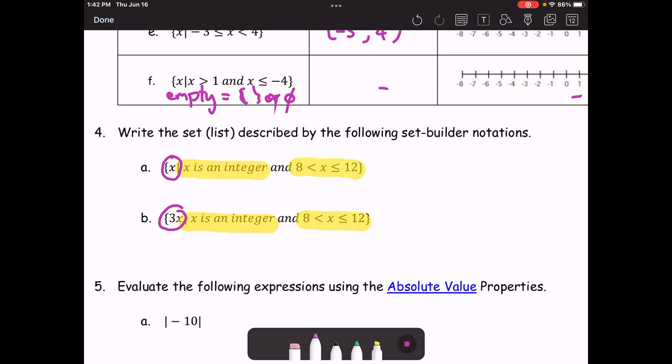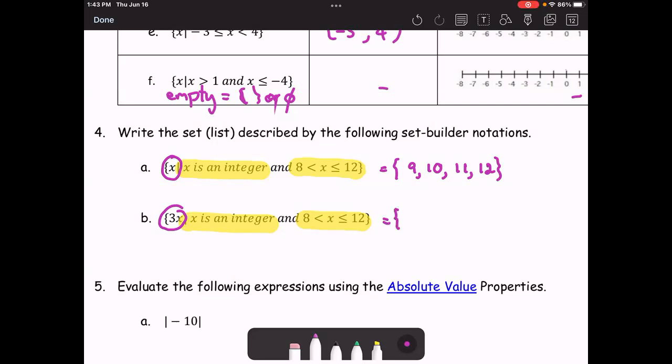So in part A, we look at x as an integer greater than 8. That means we start with the number 9 and keep going with the next integers, which are 10, 11, including 12. Therefore, this set consists of 4 members. In part B, we're going to make a list of 3 times x that satisfy the same conditions.